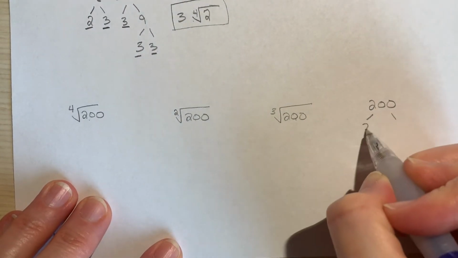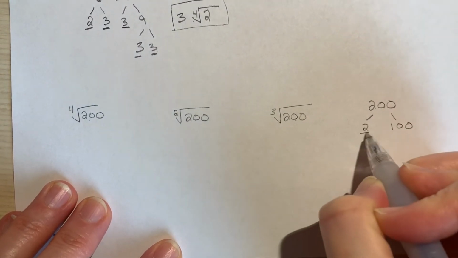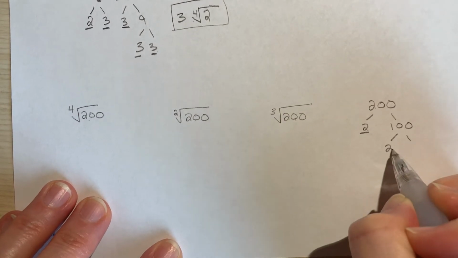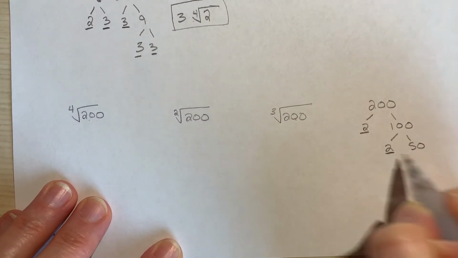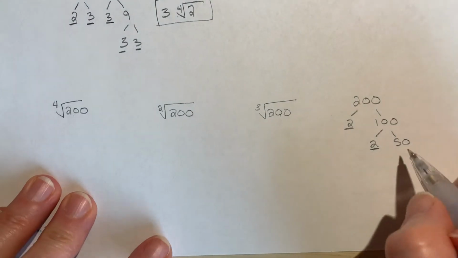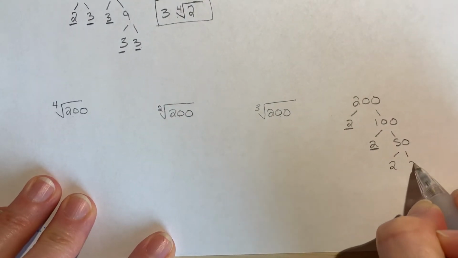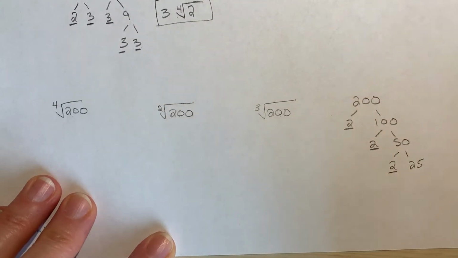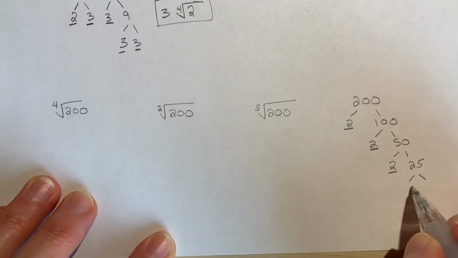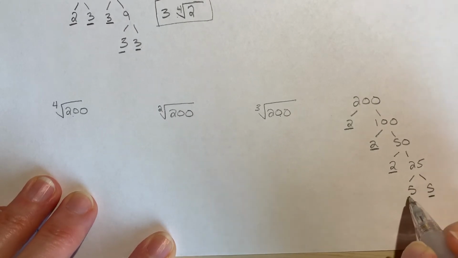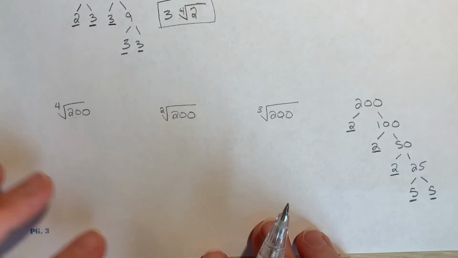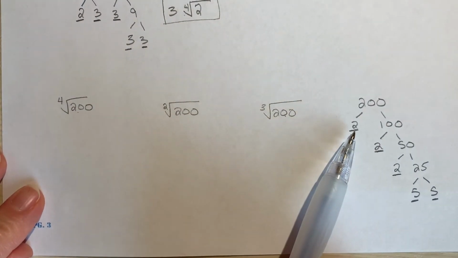This is the same as 2 times 100, right? 100 is the same as 2 times 50. I'm underlining my prime numbers as I go. 50 is 2 times 25. 2 is prime. And 25 is 5 times 5.